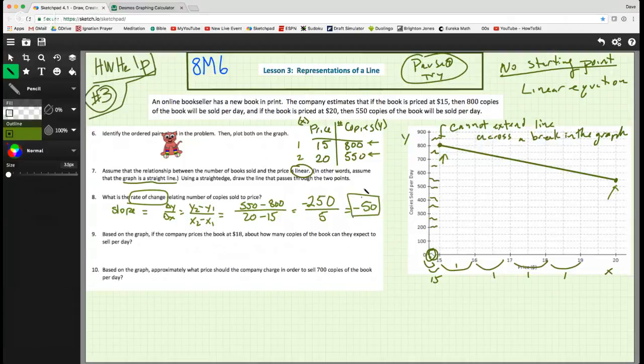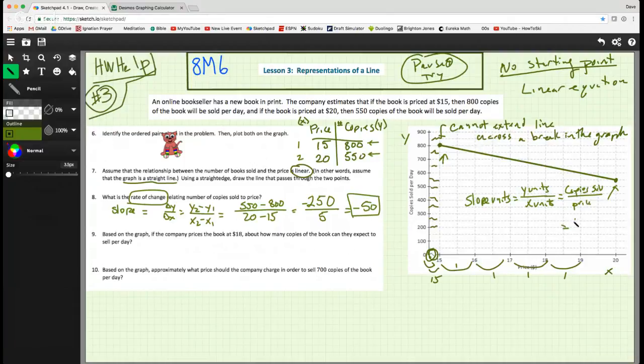And what are our units? Remember, our slope units are equal to our y units over our x units. Again, we've been doing this for 2 whole modules, many lessons. So our y unit is copies sold per day, over the price.